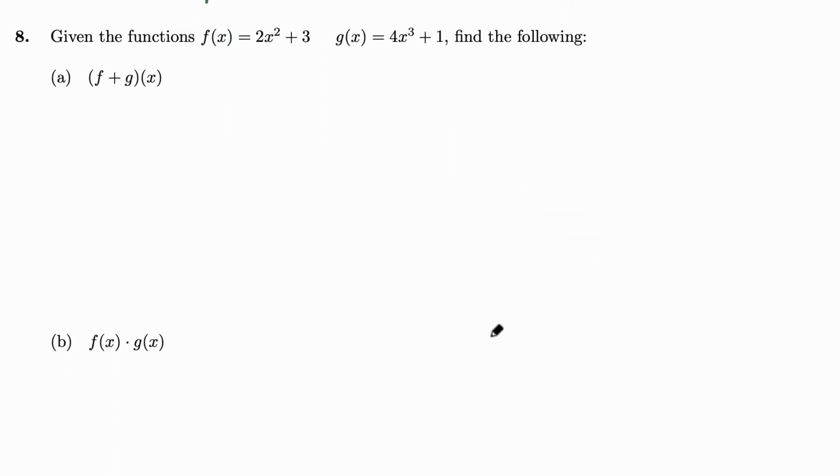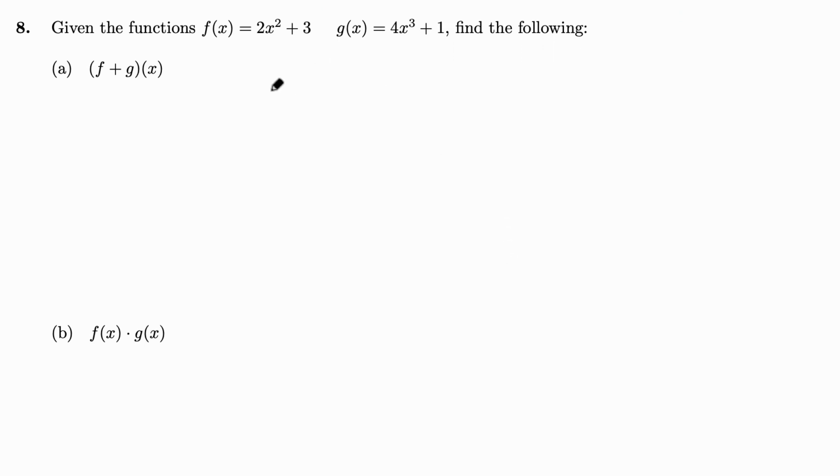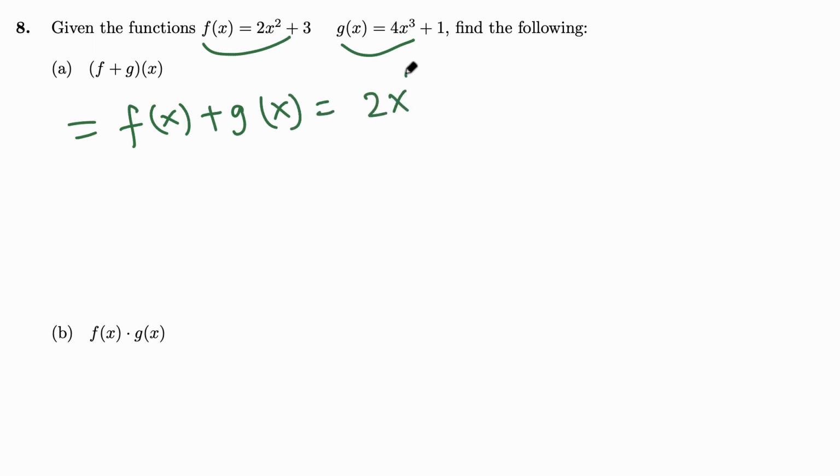In number 8, we are given two functions. Here is f and g. Find the following, f plus g. So pretty much that's just f(x) plus g(x). All we have to do is add these two functions. f(x) is 2x squared plus 3 plus g(x) is 4x cubed plus 1.